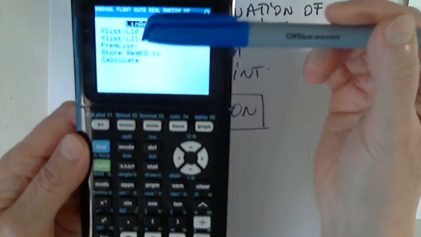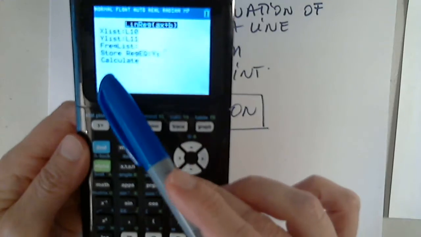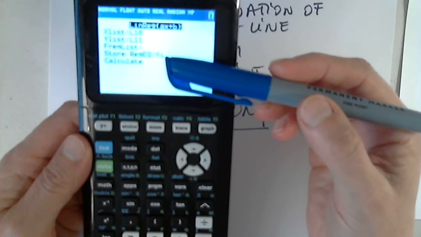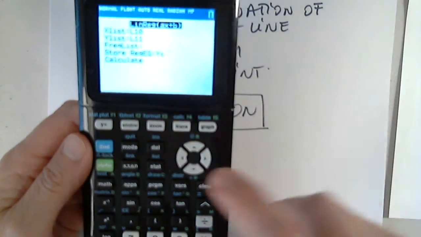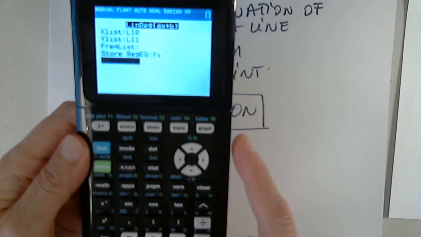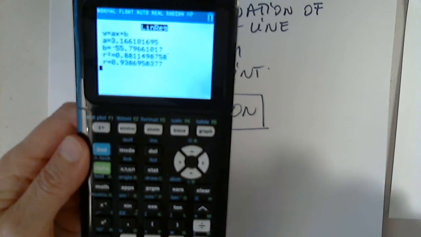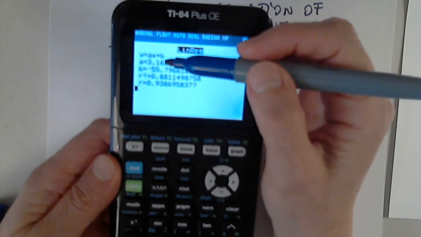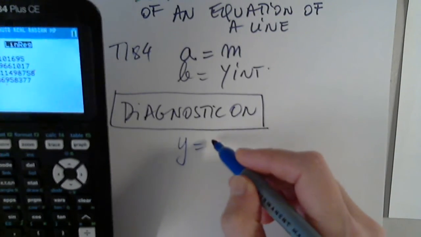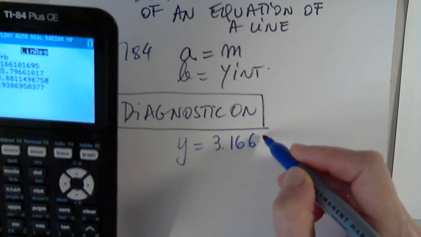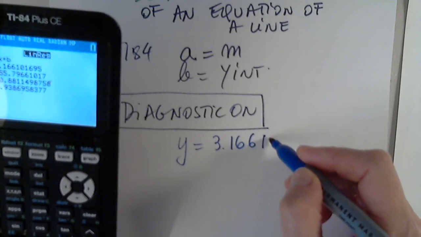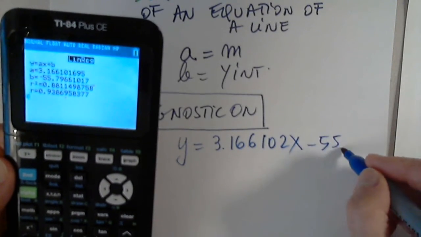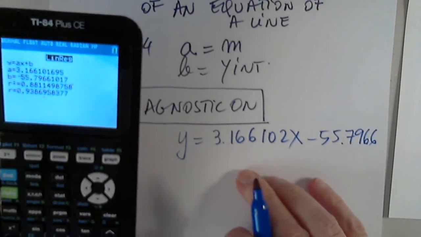See what just happened? I have my lists, and I have stored the regression line that the calculator will calculate for us in variable Y1. Then I click on calculate and press enter. And look at what I obtained. I obtained a, which is 3.166. So y equals 3.166102x minus 55.7966.